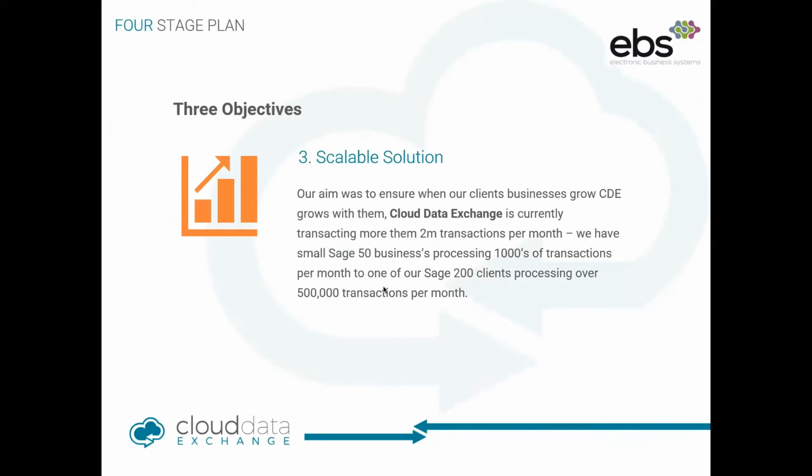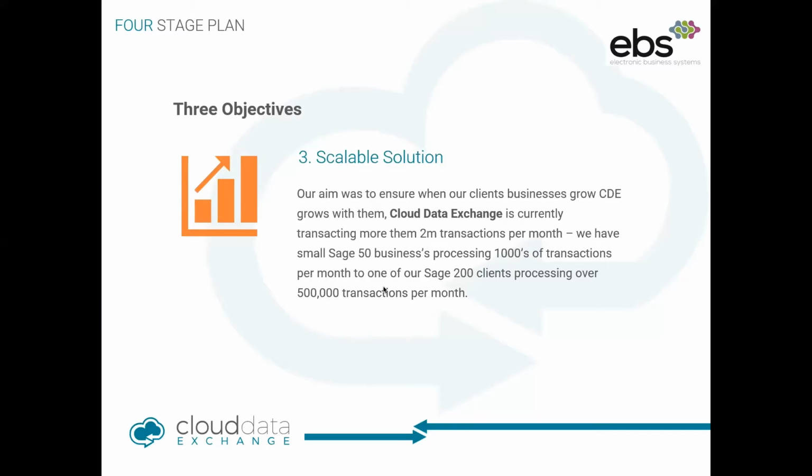And our third objective was the scalability of the solution. Our product fits the Sage 50 market, and some of those clients process in excess of 1,000, 2,000, 3,000, 4,000 transactions per month. But we do have large Sage 200 clients processing in excess of 500,000 transactions a month.